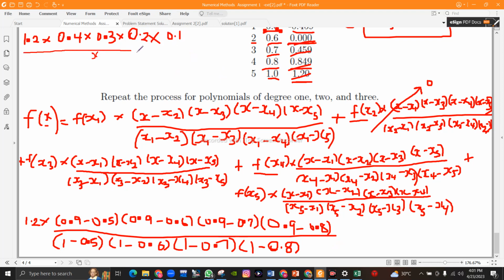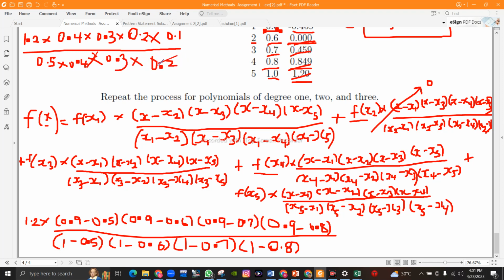divided by 1 minus 0.5, what is that? 0.5. 1 minus 0.6, that's 0.4, times 1 minus 0.7, that's 0.3, and 1 minus 0.8, that's 0.2.